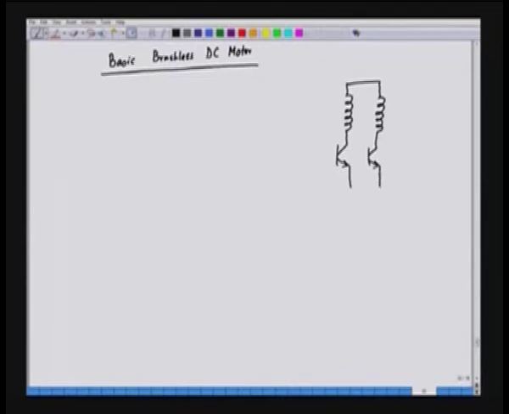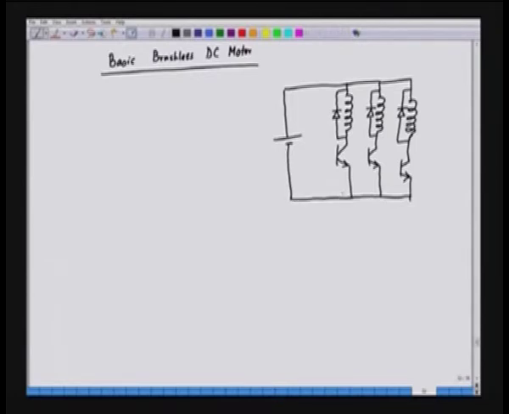We have the transistors here, and these are the 3 windings in the stator, and there is an antiparallel diode here which will free wheel the inductive current, and this is connected to a DC source. This is VD.